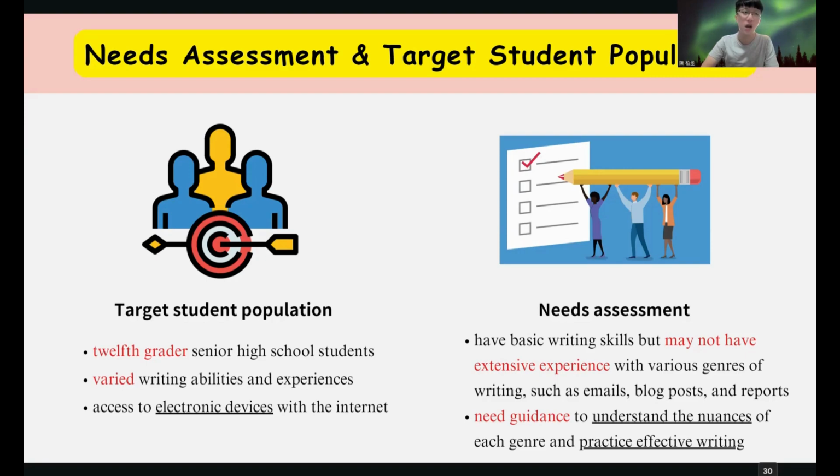This kind of out of classroom learning, I'm going to help them to learn these kinds of abilities through this online module. And I will provide guidance to help them understand the nuances of these 3 genres and practice effective writing.